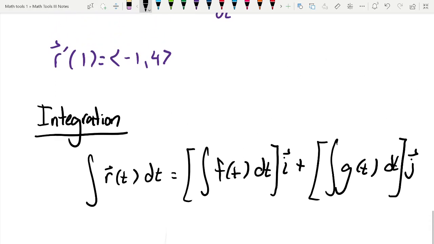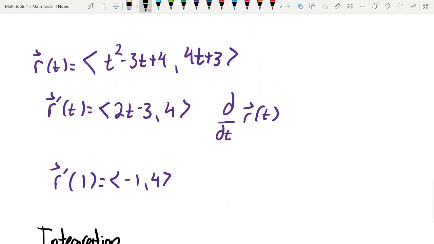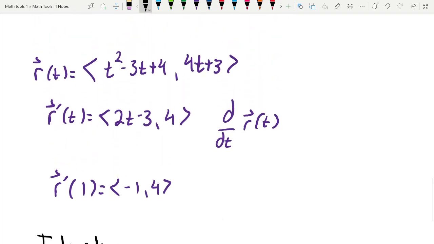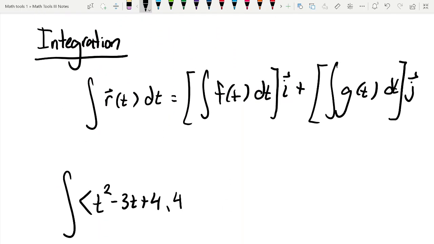So if we were to integrate that same one, what was it, t squared minus 3t, I don't know if that was right. Oh yeah, it was right. 3t plus 4, and then 4t plus 3. Okay, with respect to time.